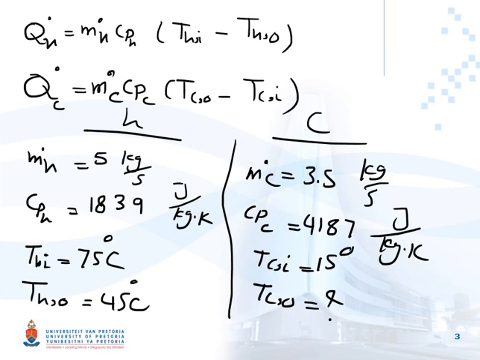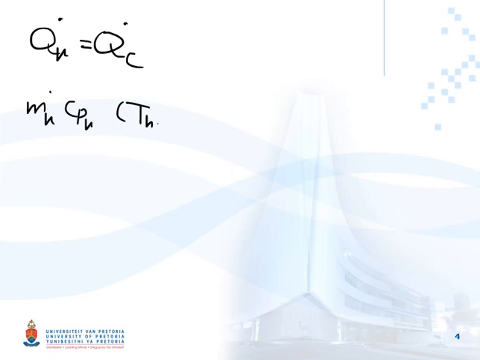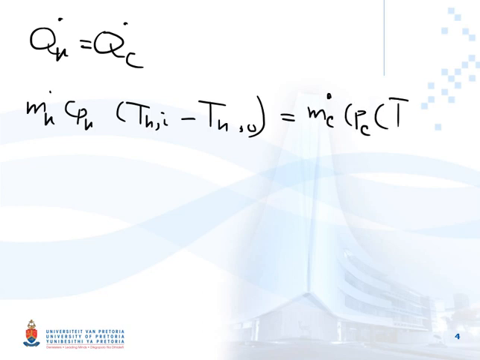So from the balance of energy, q dot h is equal to q dot c, so m dot h Cp h (Th in minus Th out) is equal to m dot c Cp c (Tc out minus Tc in). We don't have this one, the rest we have.